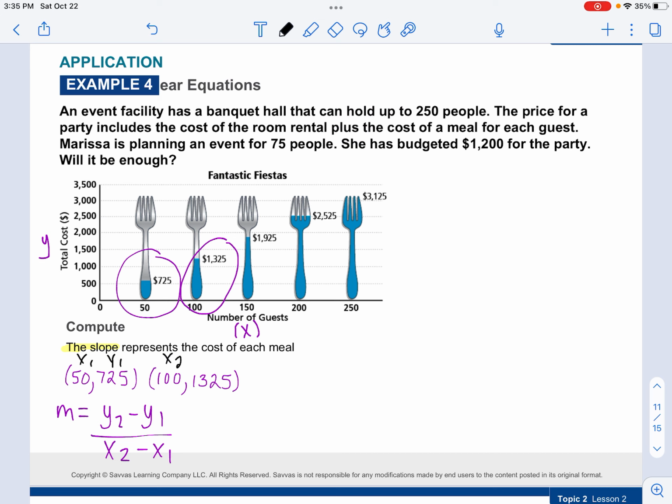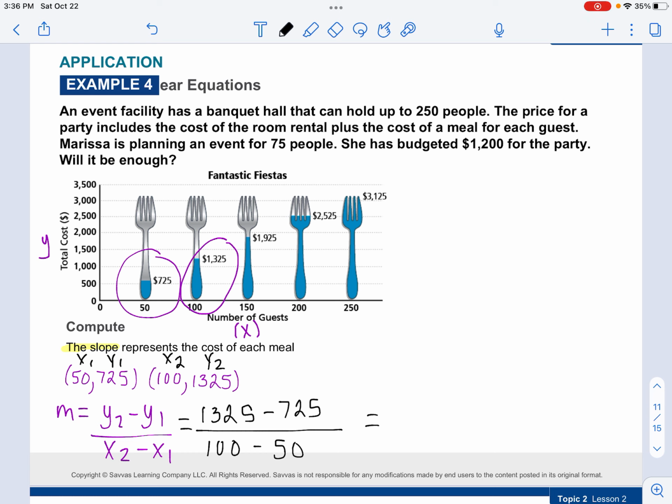Here is my x2, y2. So in my numerator, y2, which is 1325, minus y1, which is 725, all over x2, which is 100, minus x1, which is 50.